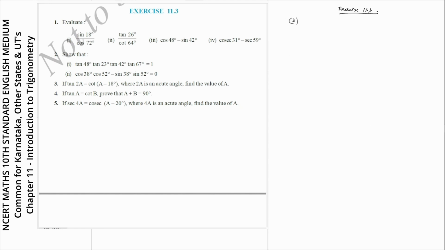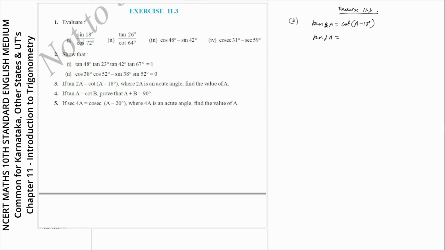Exercise 11.3, third question. If tan of 2a is equal to cot of a minus 18 degree, where 2a is an acute angle, find the value of angle A. Okay, now tan of 2a, left hand side I'll write as it is.